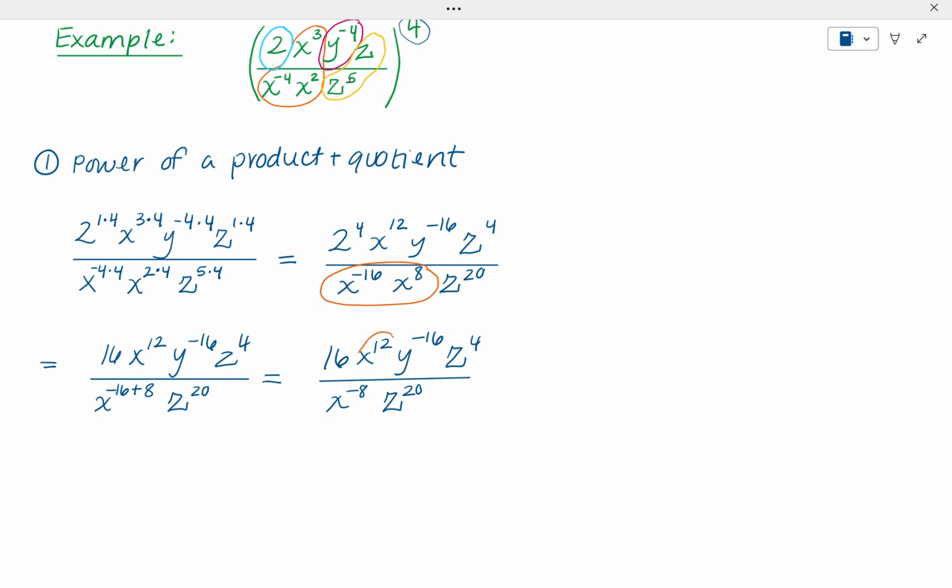So we have these x's, the z's, where we could use the quotient rule. So this was the product rule. And then here we can use the quotient rule.